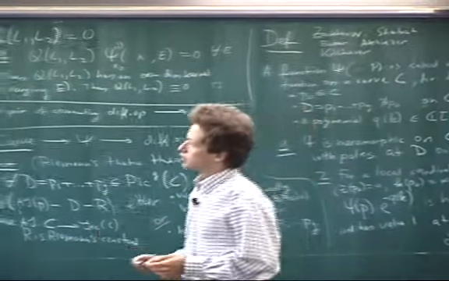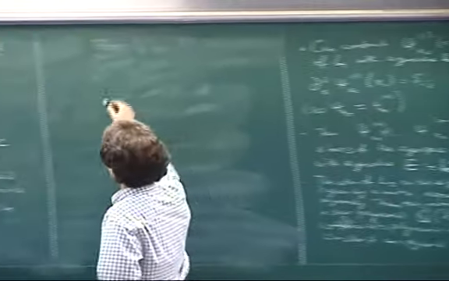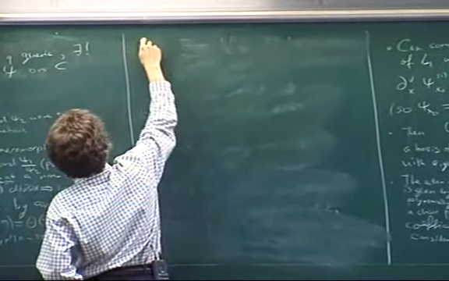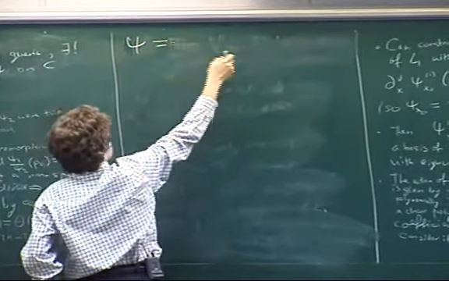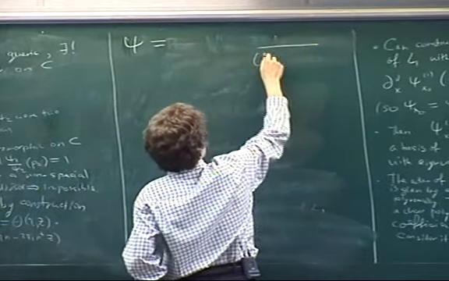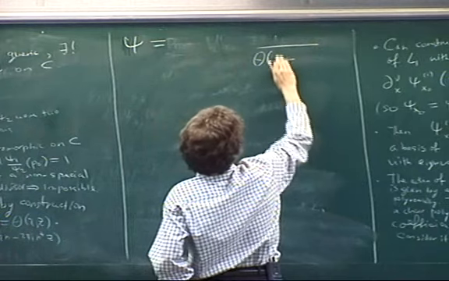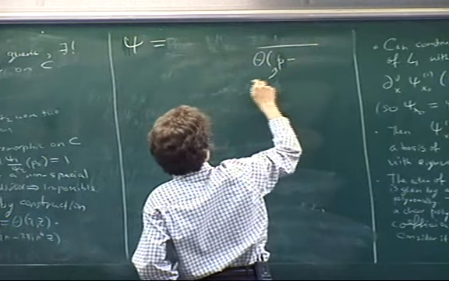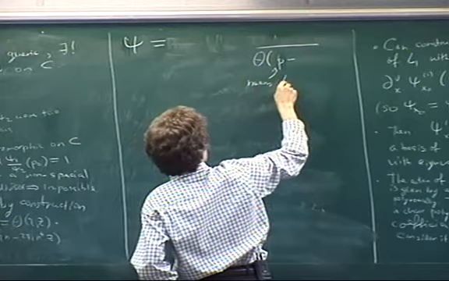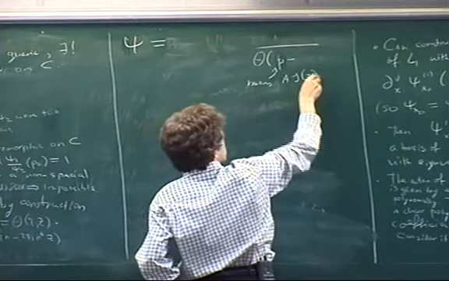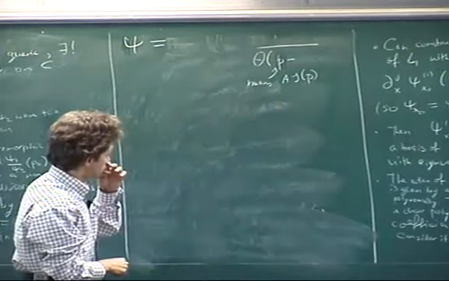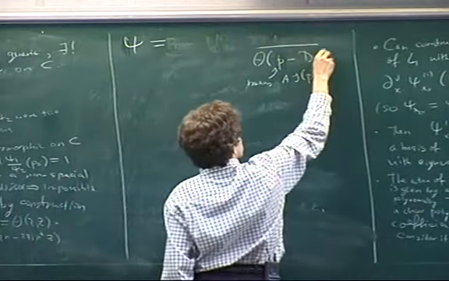So let's try to construct some psi. One thing I know, I would like to have theta of p, where p is a point, meaning the Abel-Jacobi image of p, because I cannot keep writing this or it will get out of hand, minus d minus r.